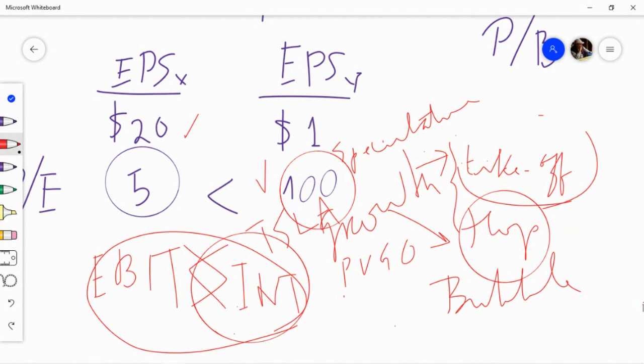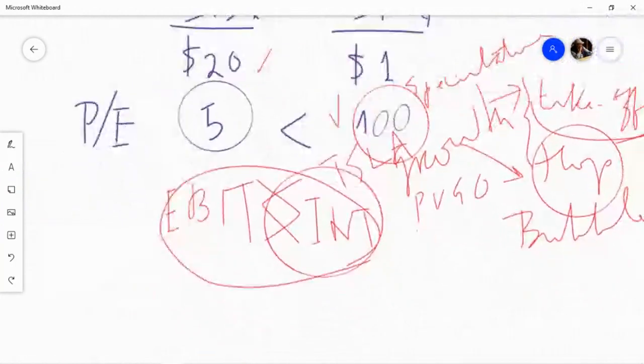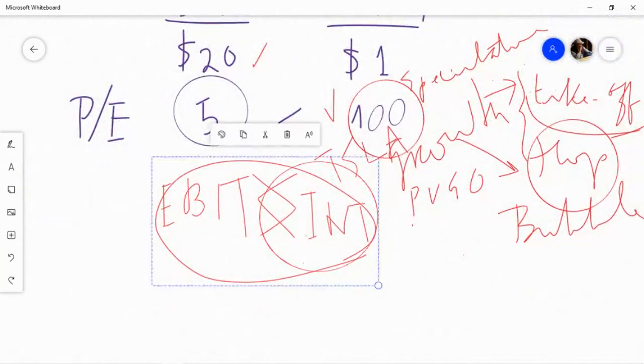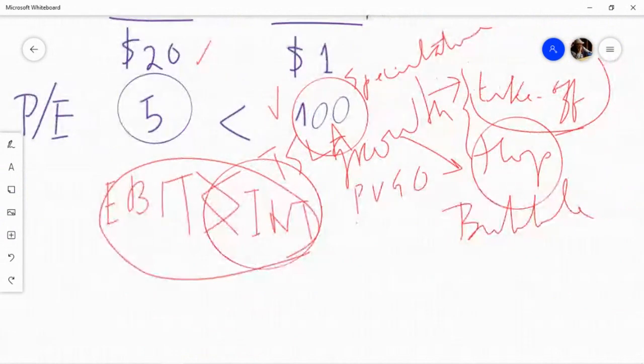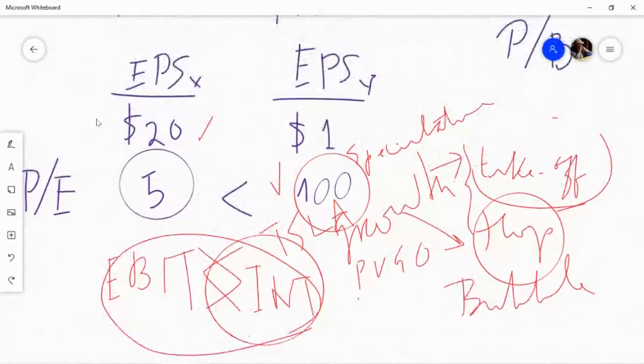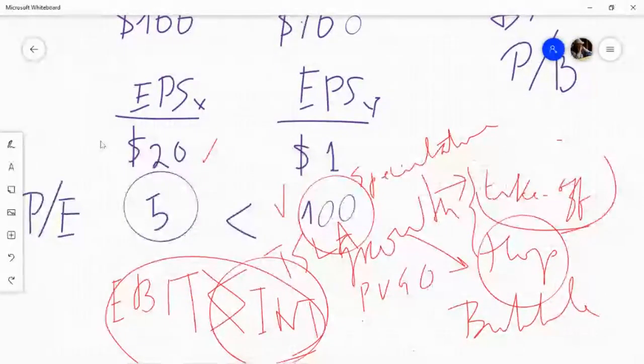How do you know? If the price earnings ratio is low, it's a solid indicator that the company is profitable and the stock is undervalued. Think about it. For giving you $20 profit, for such a stock to sell for $100 is clearly undervalued.